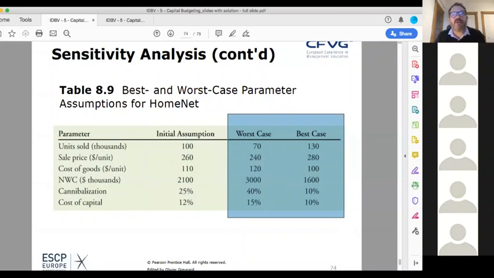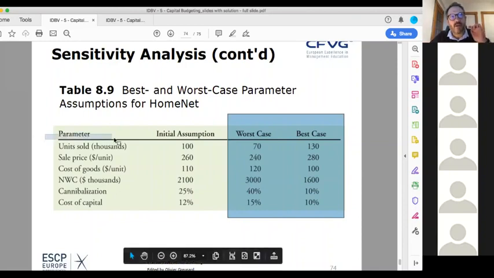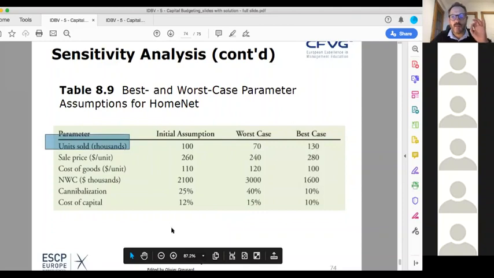And you can do that for the different parameters. So to have not a unique NPV, but a range of NPV that goes from the most pessimistic scenario to the most optimistic scenario. And my advice is that you do that parameter per parameter, one parameter at a time, so you can isolate the influence of one parameter at a time, okay?